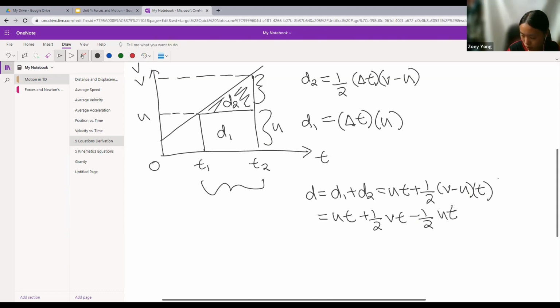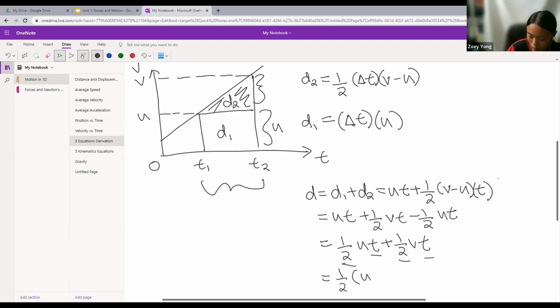From this, we're going to get d equals half of ut, because ut minus half ut is just half ut, plus half vt. In the end, that's equal to, you can factor out the half and the t, half u plus v times t.